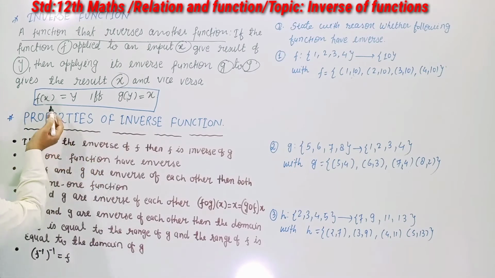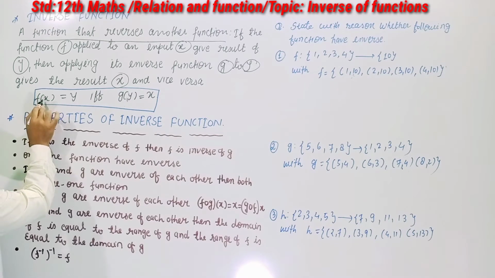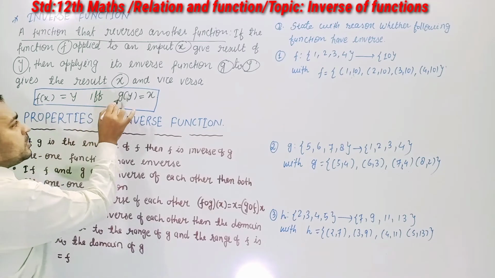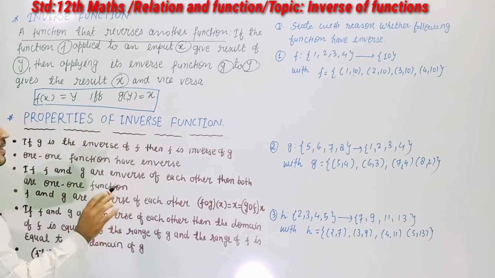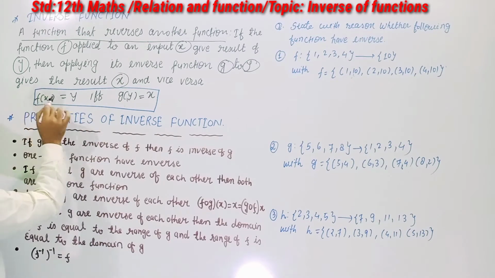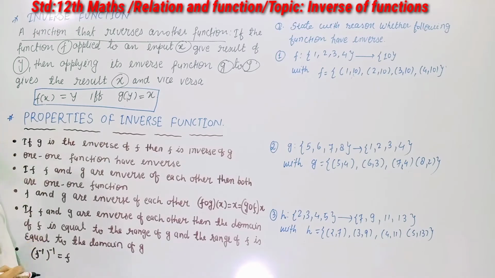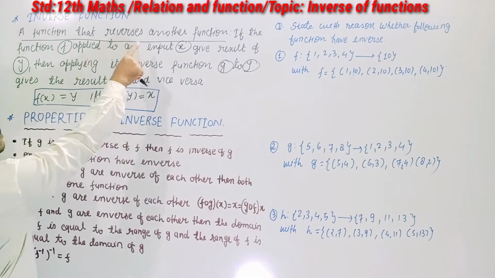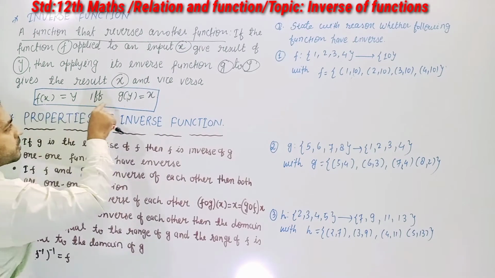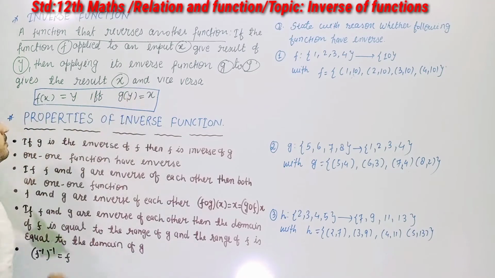In short, students, you can write f of x applied to input x gives y, in which case if g of y is equal to x, you can say that f and g are inverse to each other. A function that inverses another function means here function f is inverse to g.